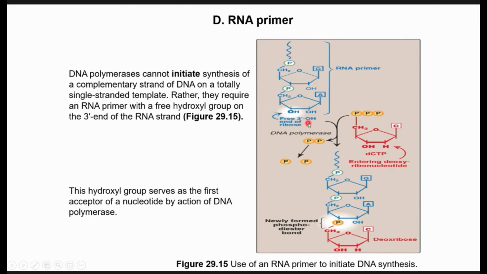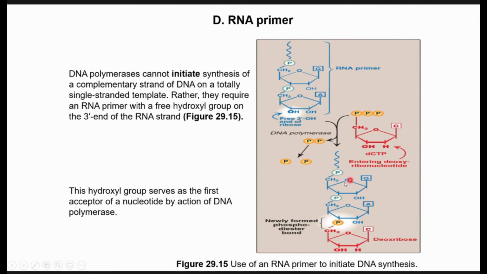The DNA polymerase, in order to read it, needs an RNA primer. So RNA primers will bind here and then form what we call a uracil for dCTP here and the primer.